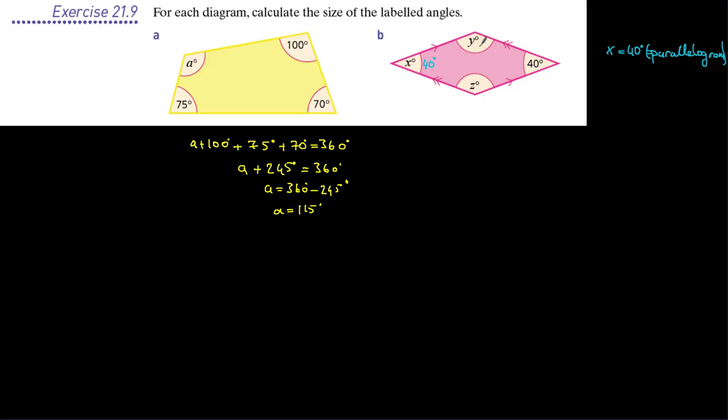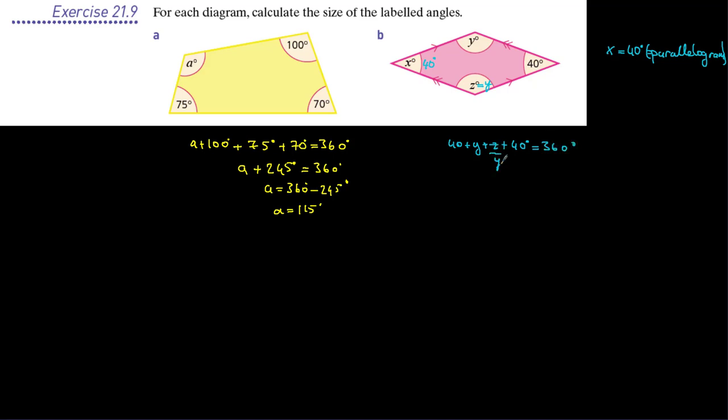So y is equal to z, it should be, if this is y, this should be also y. So we are going to understand that y plus z plus 40, it should be equal to 360 degree.